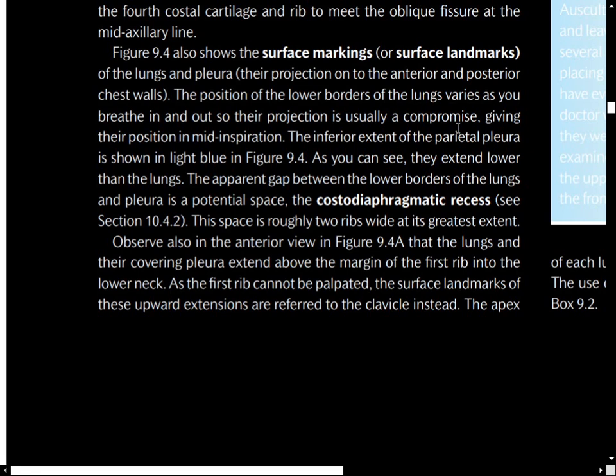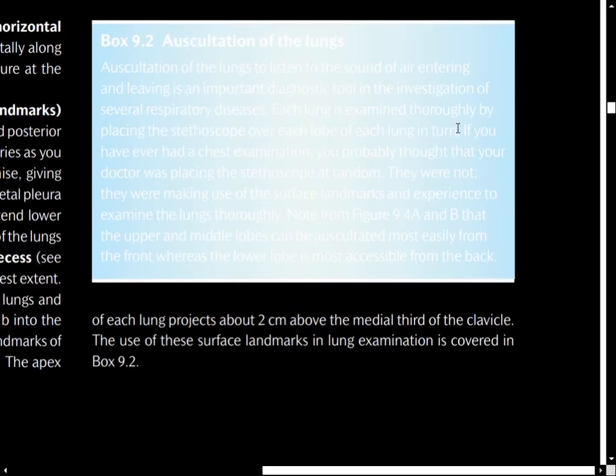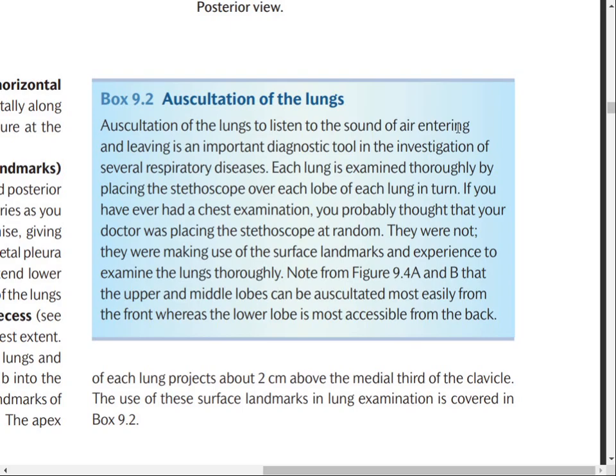As the first rib cannot be palpated, the surface landmarks of these upward extensions are referred to the clavicle instead, the apex.